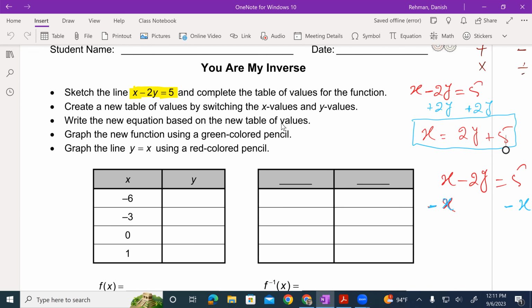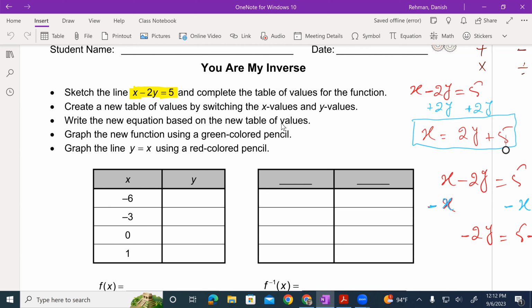Make sense? What will that give me? On the left hand side, x is gone. Plus x minus x will be 0. What am I left with on the left hand side? Negative 2y equals 5 minus x. Agreed? Negative 2y equals 5 minus x.